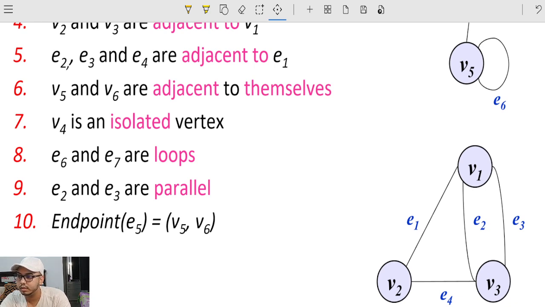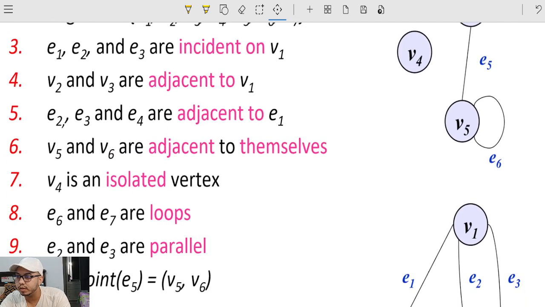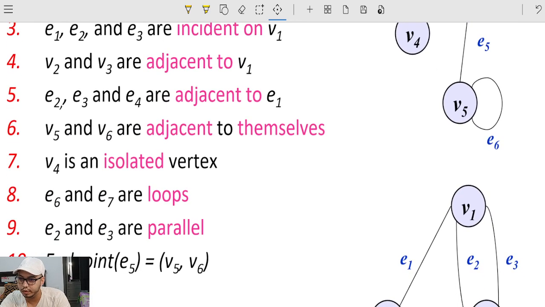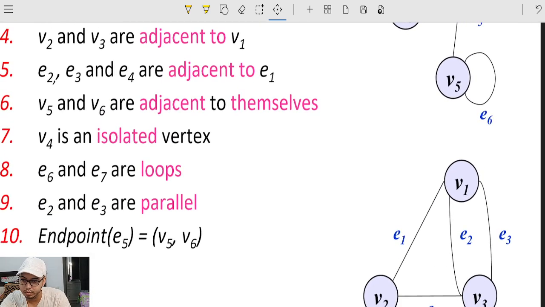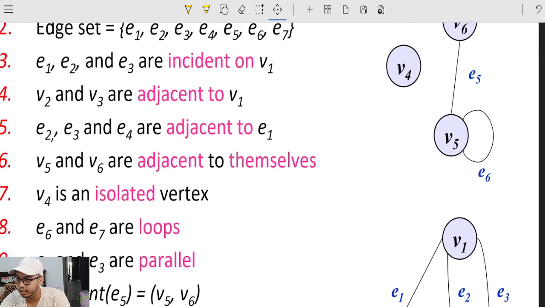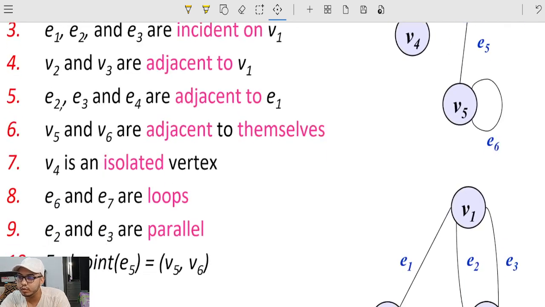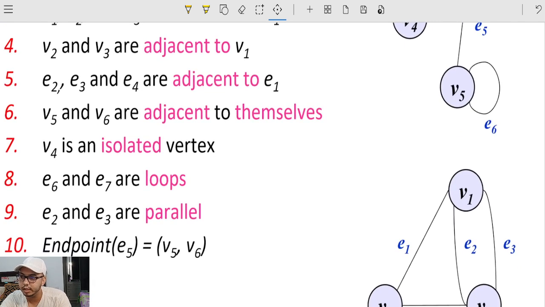Now you can see that E1, E2, and E3 are incident on V1. But V2 and V3 are adjacent to V1. Like this, you can see that. I'll change the colors like this.